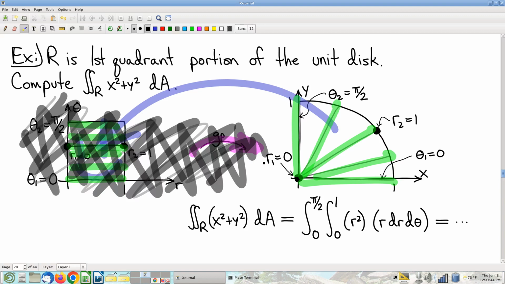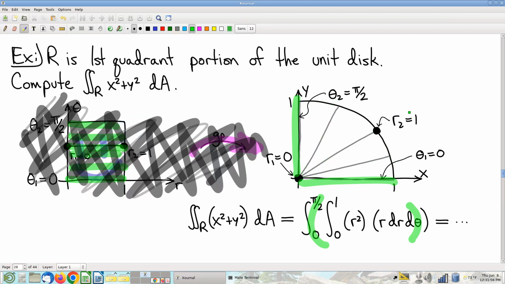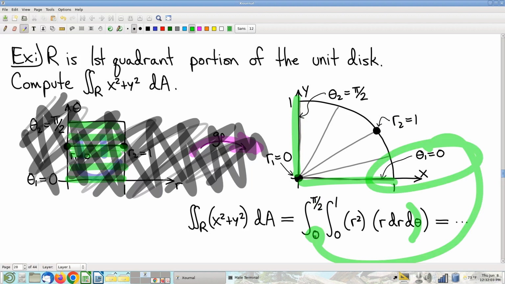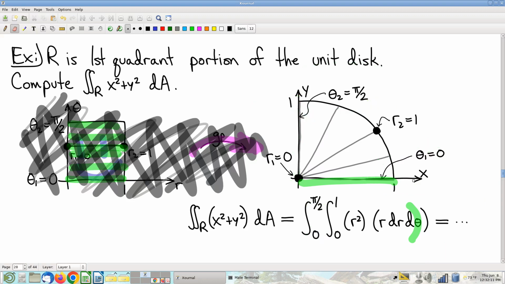So anyway, this is the picture that remains of what we mean when we say we're doing an integral in polar coordinates. The range of values of theta you identify by looking at these theta slices and seeing that this lower bound comes from that theta slice, and then this theta slice here gives you the upper bound, etc. Okay.